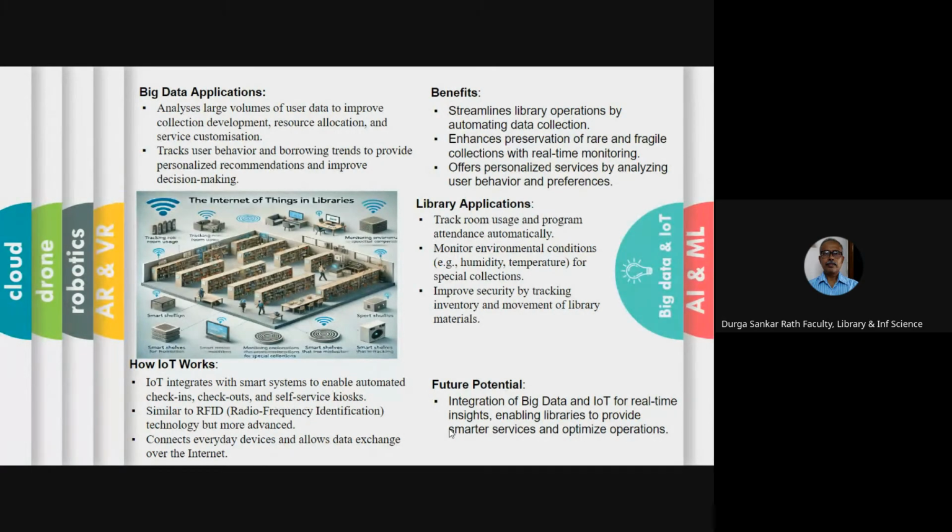Some of the open data guidelines are there, where they have already decided that a national monitoring system should be there, that all publicly funded research institutes or personnel who are conducting research are supposed to provide the research data in a particular format, so that research data itself, not only the research report, can be visible to all and can be verified at any time, and that enhances the preservation of rare and fragile collections with real-time monitoring.